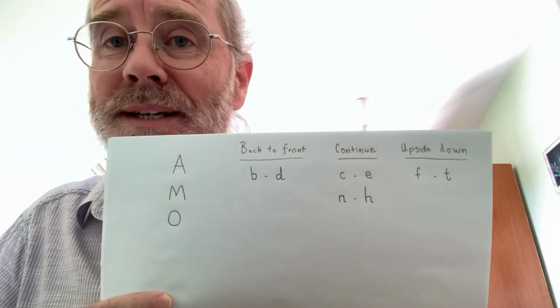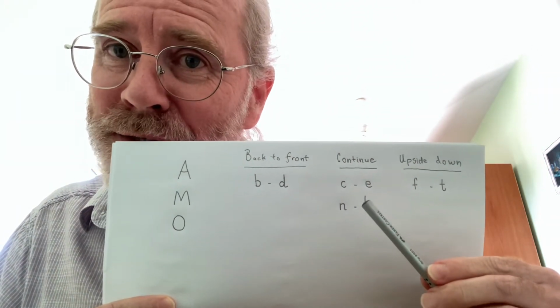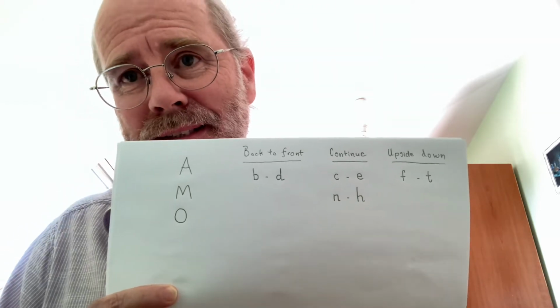Then we've got G. H is another example of a letter that can be continued because H is very similar to N. You simply have to lengthen the line. H and N. You see, they're very similar. We've just lengthened the line.